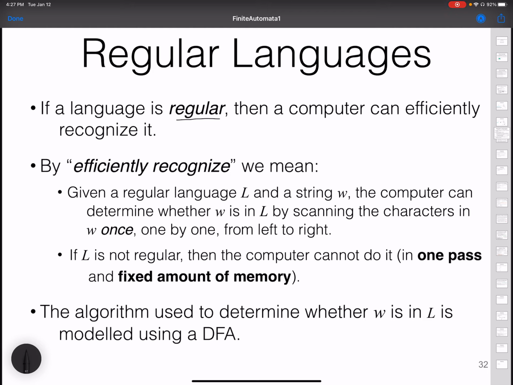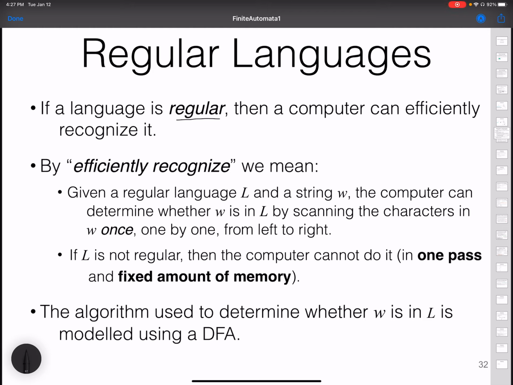When I'm saying we can solve them efficiently, it basically means that by only reading the input once, without having access to memory, only those finite state memories that you have, you can solve the problem. This means the problem is very efficient.